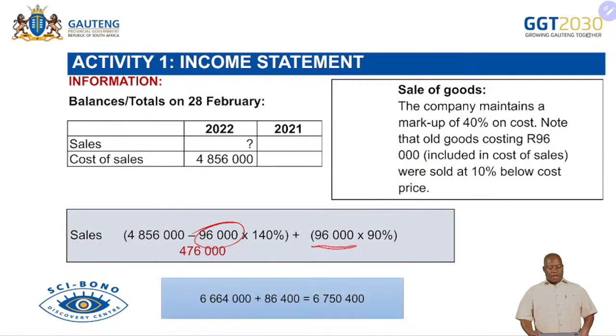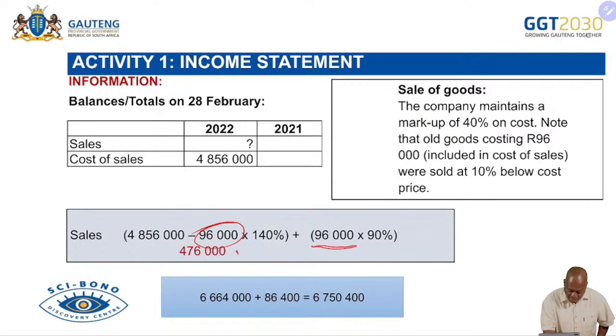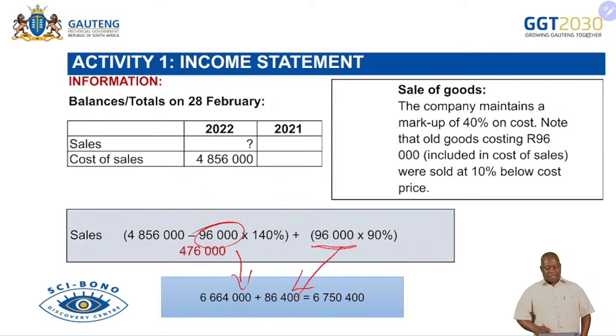90%. So now we are going to have the answer from this, and it's 6,664,000. And then we are also going to have an answer from this, which is 86,400.